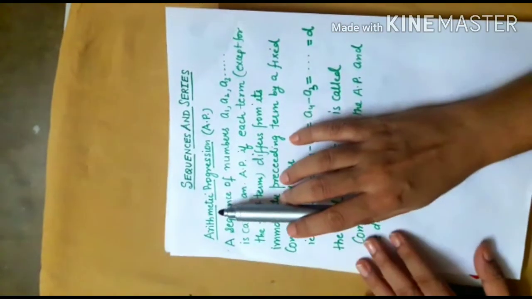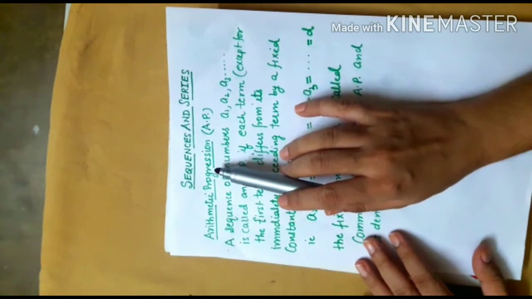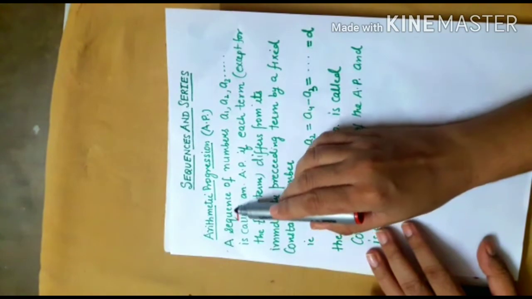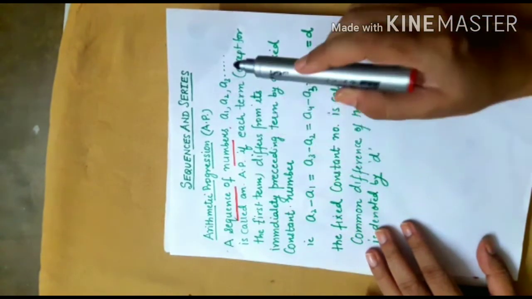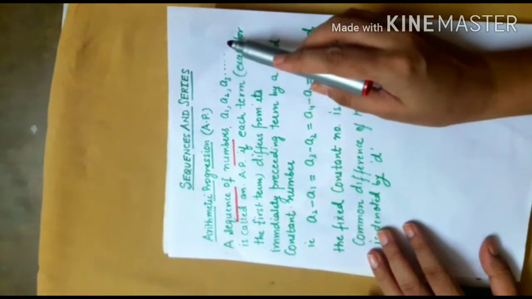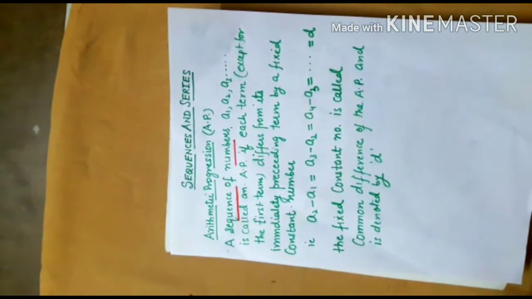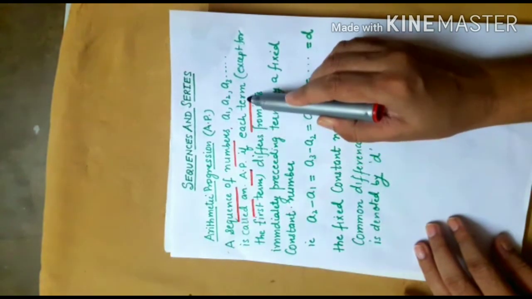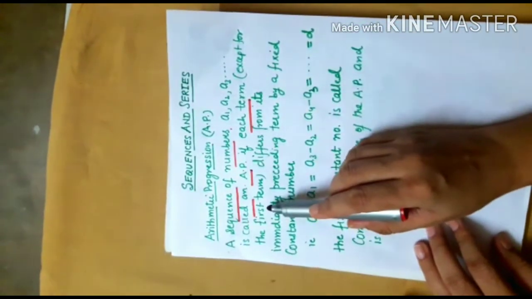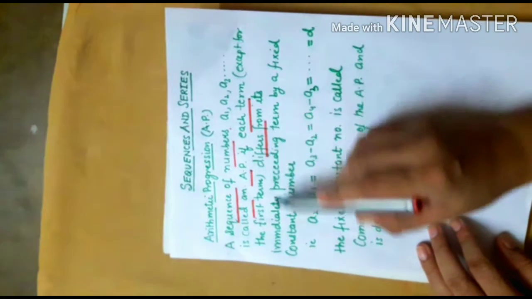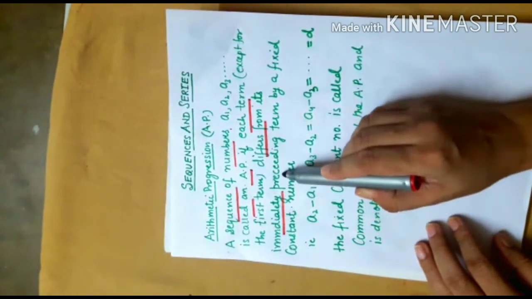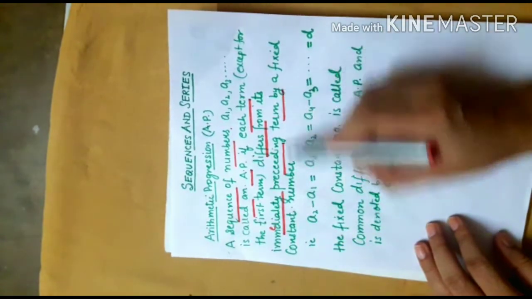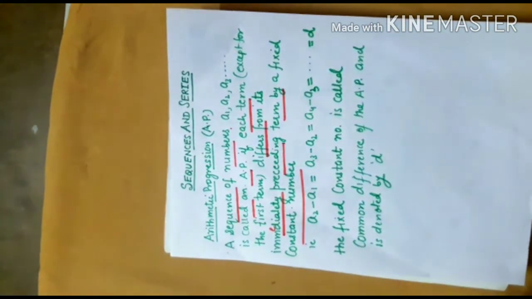Let us define arithmetic progression, which we abbreviate as AP. A sequence of numbers A1, A2, A3 and so on is called an AP if each term, except for the first term, differs from its immediately preceding term by a fixed constant number.